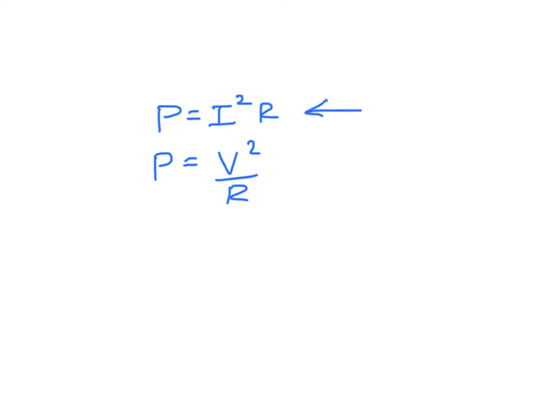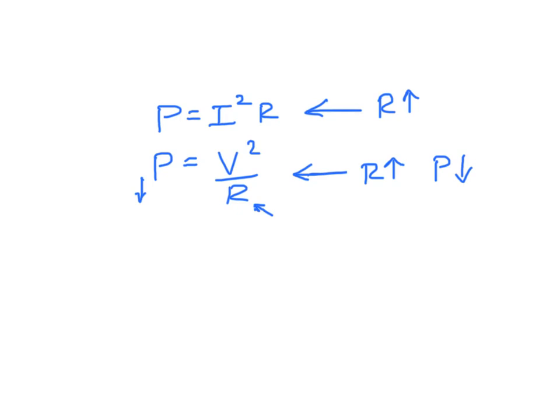These two equations might seem to be conflicting, because if resistance goes up over here, power dissipated goes down, right? So in this one, if resistance increases, power decreases. But over on this one, you might say, well, then power must increase as well, because resistance is on the right-hand side of the equation. They look like they're directly proportional.